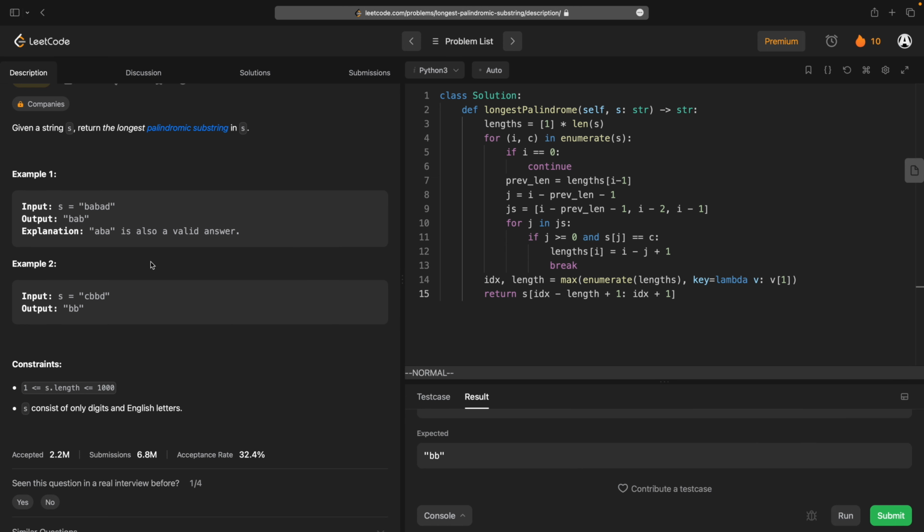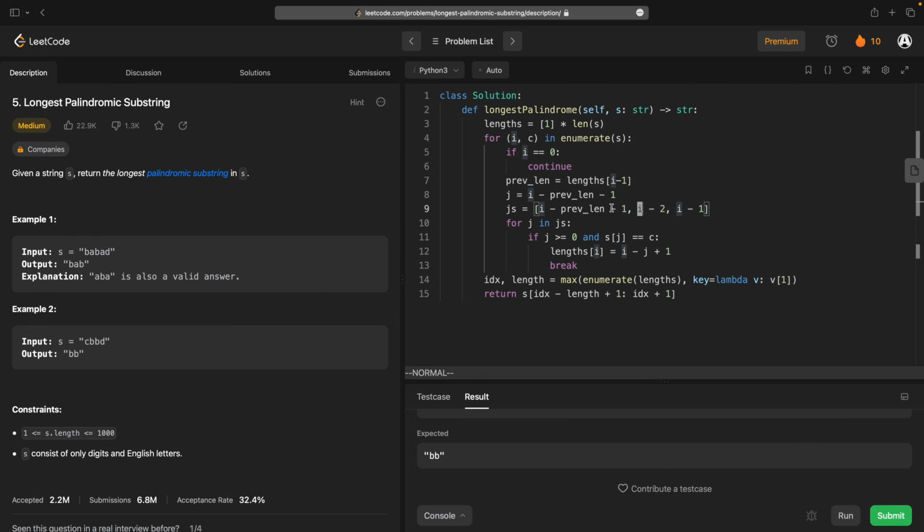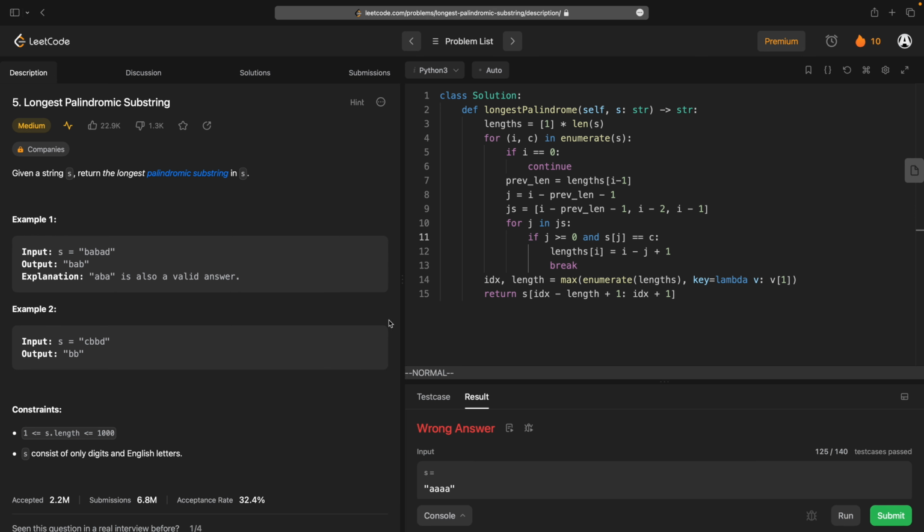Now the question is, is there a way of making a palindrome that I have not handled? This is extending the palindrome. This is making an odd length palindrome. And this is making an even length palindrome. I don't think there's any other ways of making a palindrome, but we'll find out. Wrong answer.